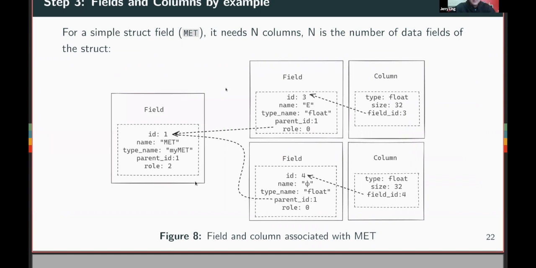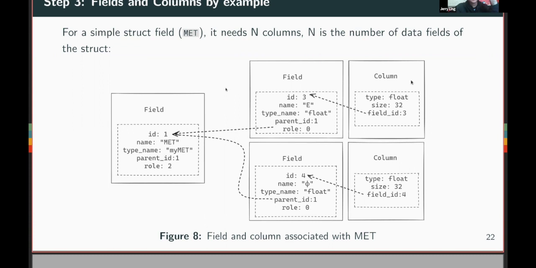Then for the mat, it has 3 fields, because first you need a struct, the umbrella struct mat, and then you have the 2 legs inside it. One of them is energy, and the other is phi, and each of them is a primitive type. So you have a column attached to them, and this is how you get the mat field. You would have 3 fields and 2 columns. Notice that the data is never associated with a field.